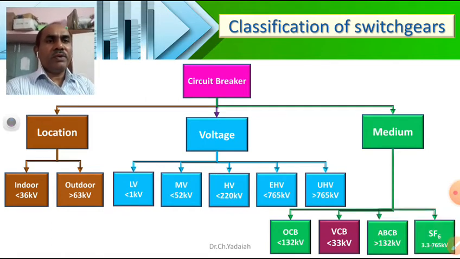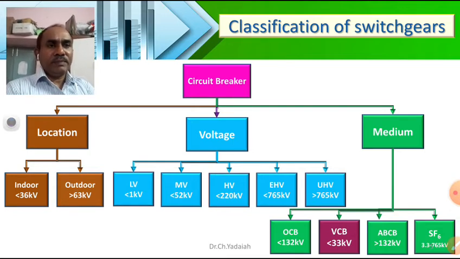Whether you use oil, air blast, or gas, that is sulfur hexafluoride, or if you are not using any gas but removing the air from the chamber, that is known as the vacuum circuit breaker. These breakers are also designed based on their media as well as the voltages.